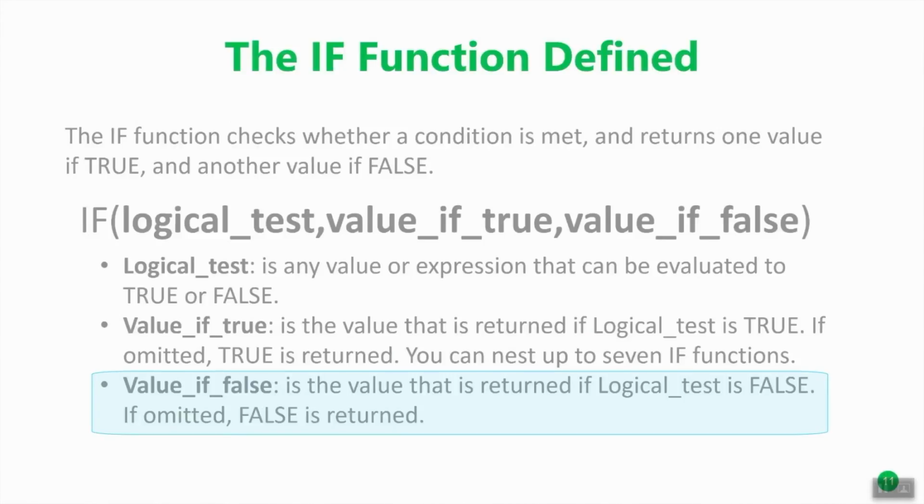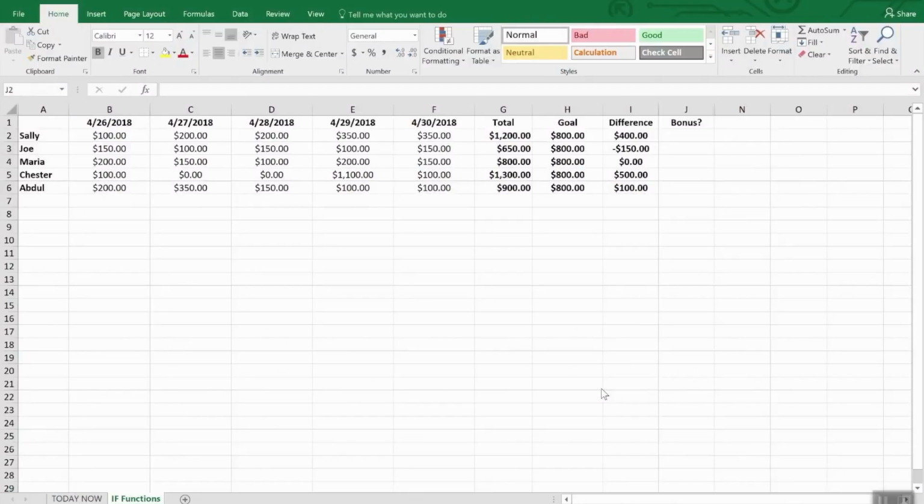So let's build a formula looking at each part of this as we go. Back again with our sales team. It's nearing the end of the month, and we've introduced a couple of sales bonus opportunities. The first is a sales goal of $800 for each rep.